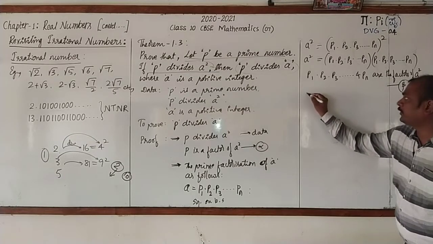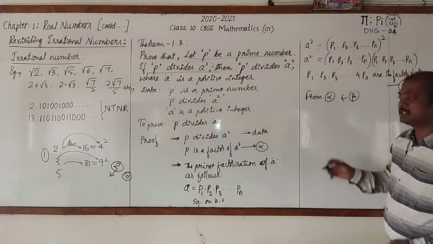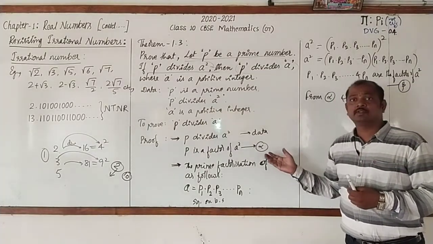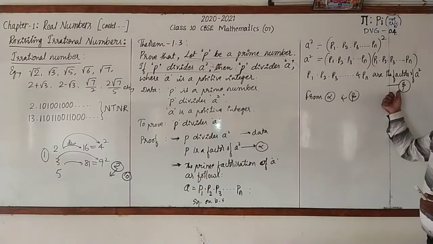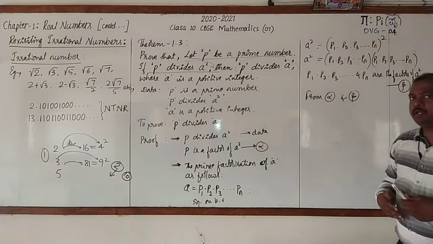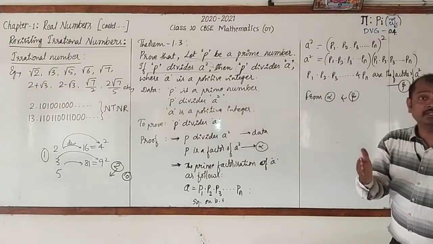Then from alpha and beta, how do you go for writing? Just like you used to call equation 1, equation 2, I have written not equations but statements, alpha and beta. These are Greek letters. You come across many Greek letters: alpha, beta, gamma, theta, zeta, delta, iota, like that.